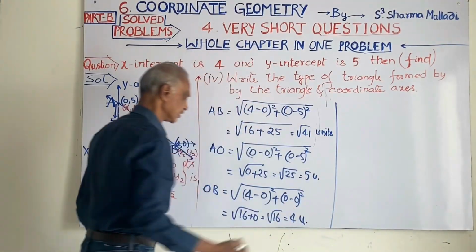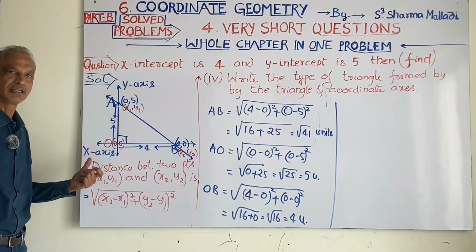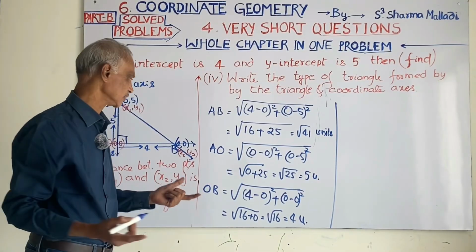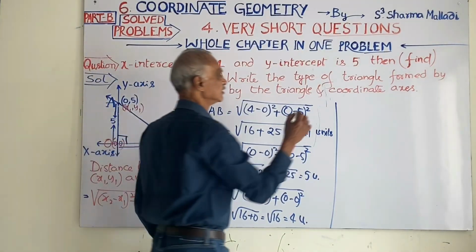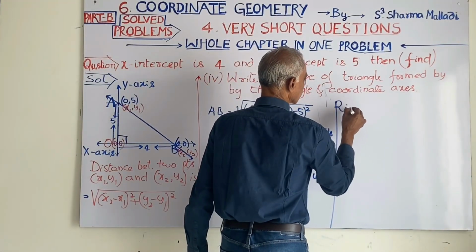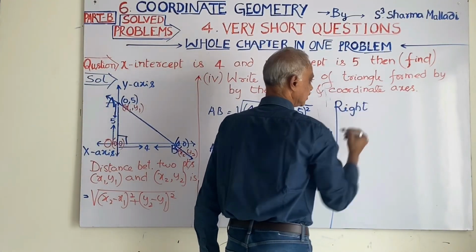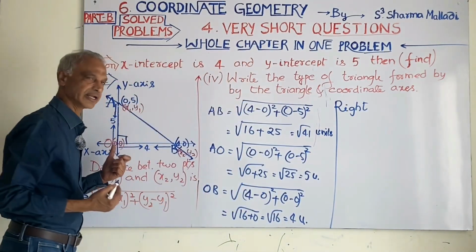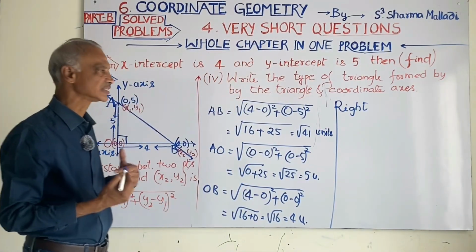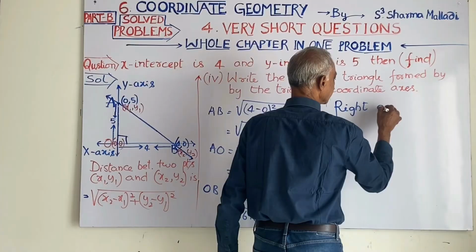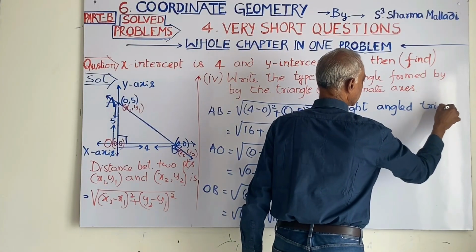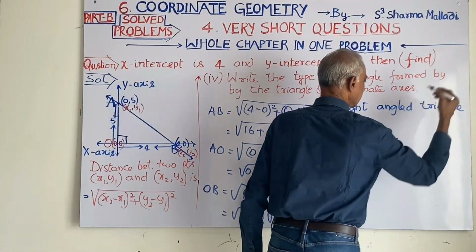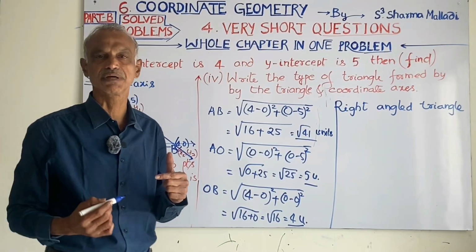Now we have to check whether it is a right angle triangle or an isosceles triangle. First we will check whether it is a right angle triangle or not. We know this is a right angle triangle, but again we will check. For a right angle triangle you should remember the Pythagoras theorem.